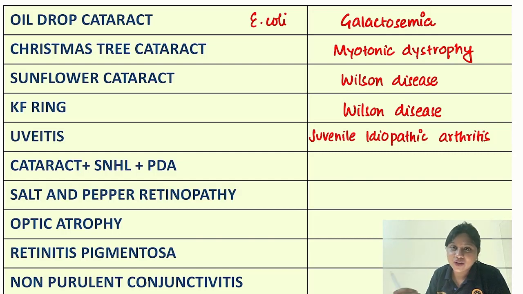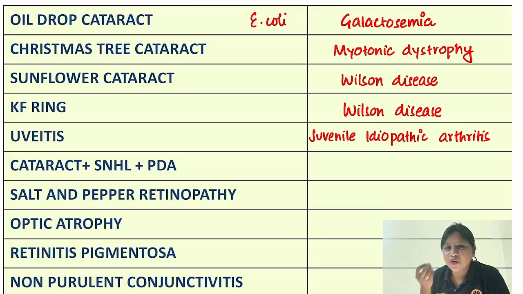Whenever you get a child of JIA, you refer the child to an ophthalmologist to look for uveitis, because in oligoarticular JIA, it may not be visible to the naked eye. You need a screening for that. Whereas in polyarticular JIA or in enthesitis related JIA, that is HLA-B27 associated JIA, there can be symptomatic uveitis.